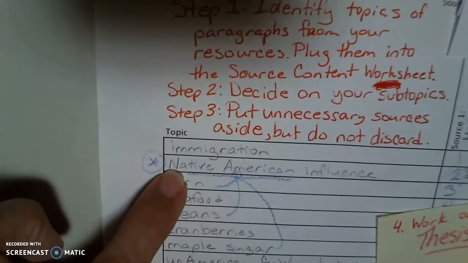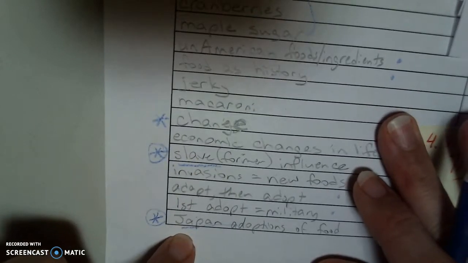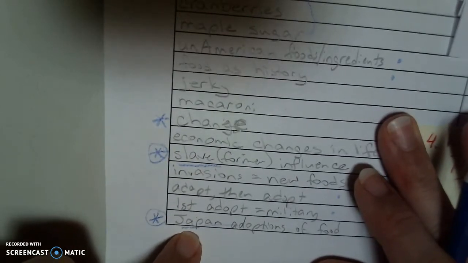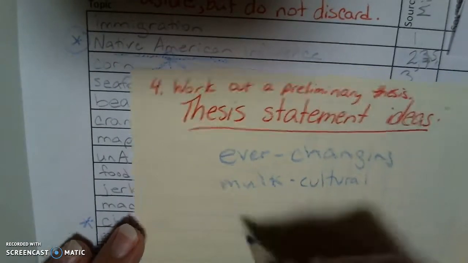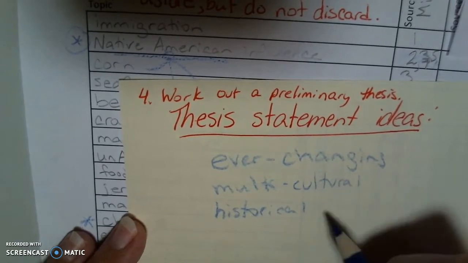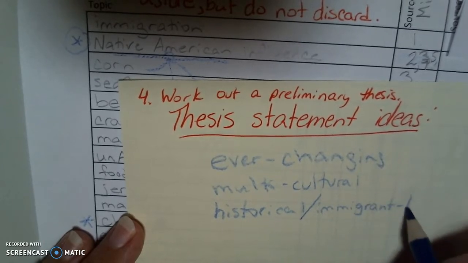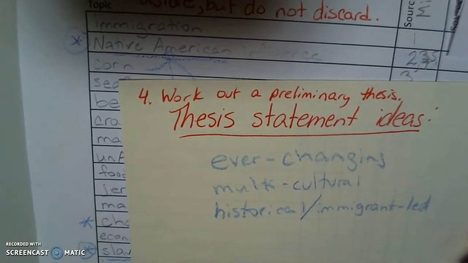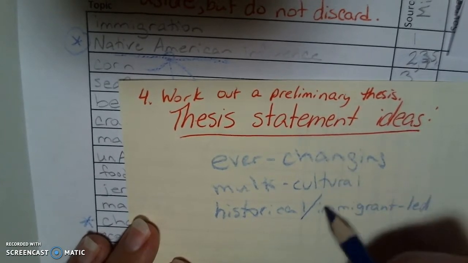Again, I'm getting that from the Native American influence, from the former slave influence, and the influence on Japan that these other cultures have had. It looks like it's also historical and maybe immigrant-led. So those are some ideas that I have.